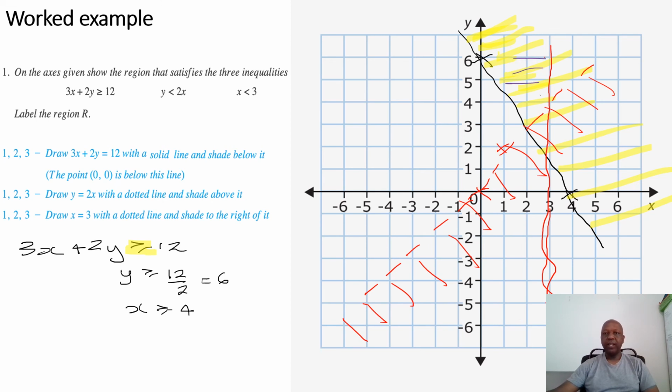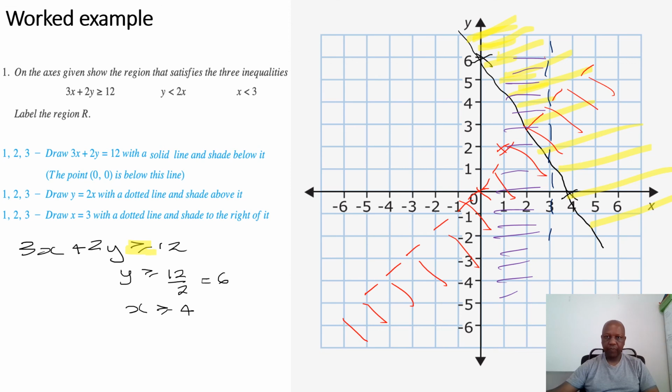Again, nope, it's not going to be a solid line. Again, made the same mistake there. Hope you are learning from my mistakes. X is less than 3 is supposed to be a broken line.